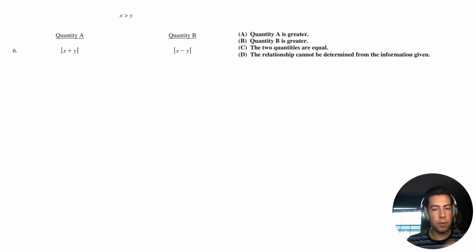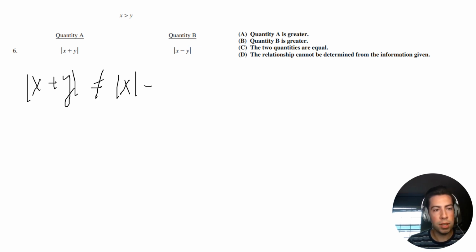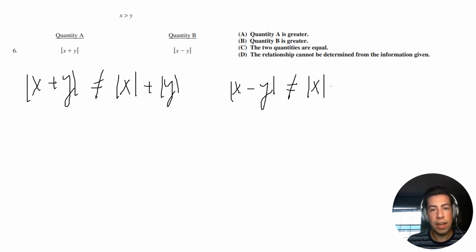All right, guys, now really quick, I think we need to get something out of the way. The absolute value of x plus y is not equal to the absolute value of x plus the absolute value of y. And similarly, the absolute value of x minus y is not equal to the absolute value of x minus the absolute value of y, okay?